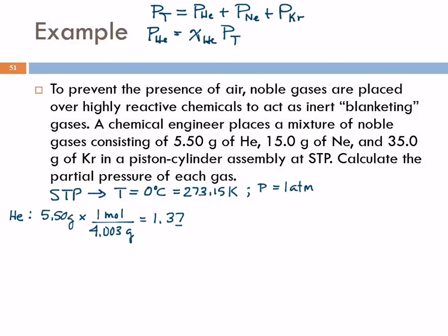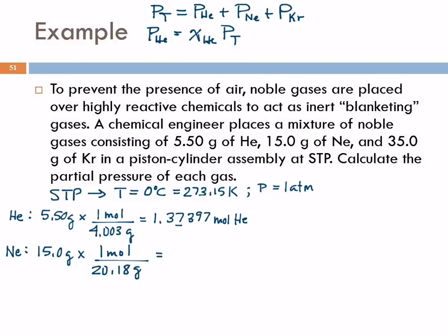I hate rounding up that much, so I'm going to carry 3 digits this time to avoid that. That's how many moles of helium I have. And then I'm going to look at the neon. I've got 15 grams of neon. 20.18 is the molar mass. 1 mole is 20.18 grams.